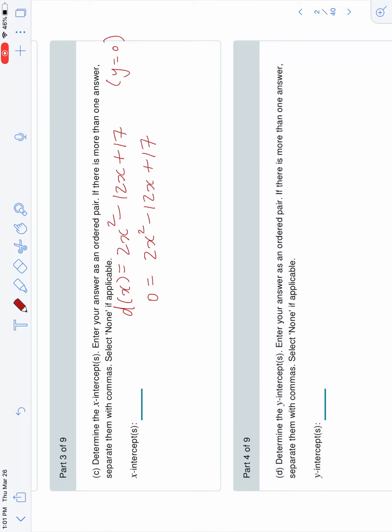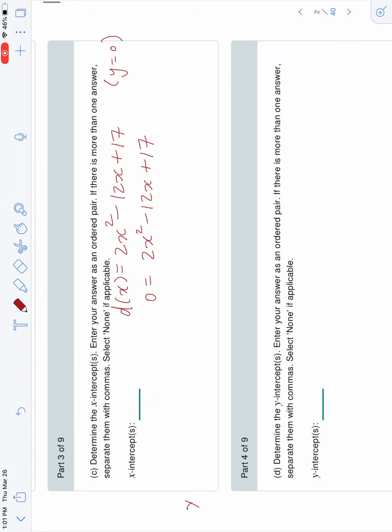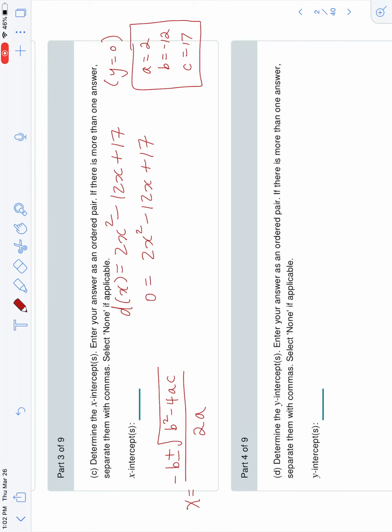I'm going to take a look real quick. Well, why not? Let's review the quadratic formula and use it here. X equals negative b plus or minus the square root of b squared minus 4ac, all over 2a. Now, you do know a is 2, b is negative 12, and c is 17, right?